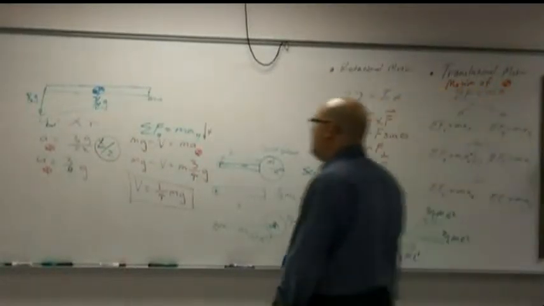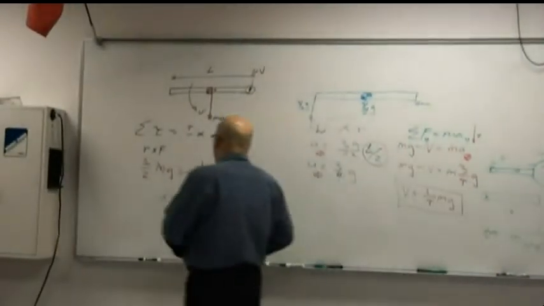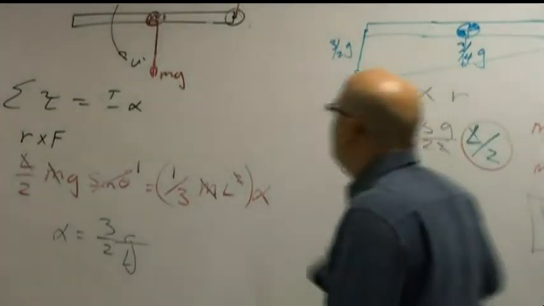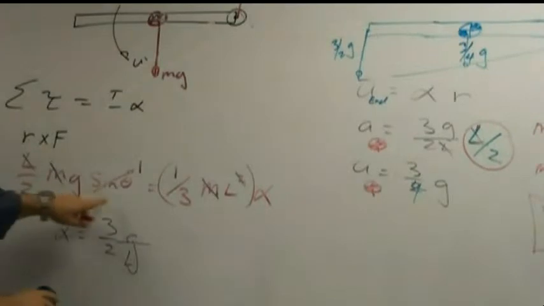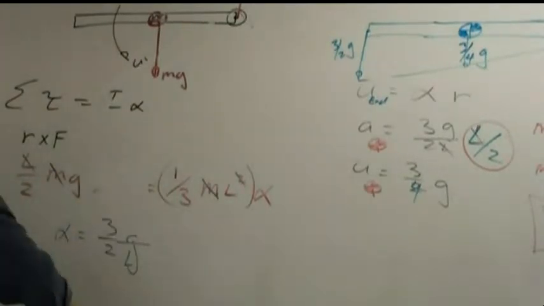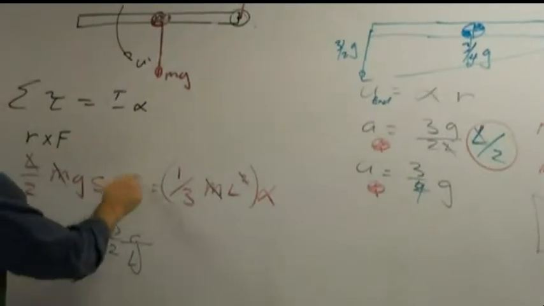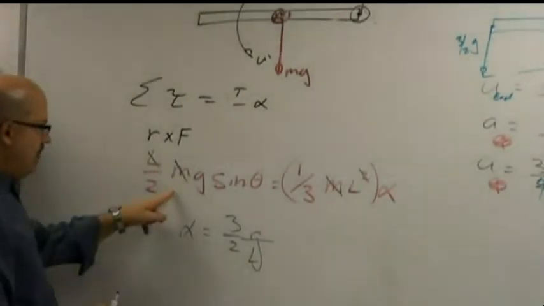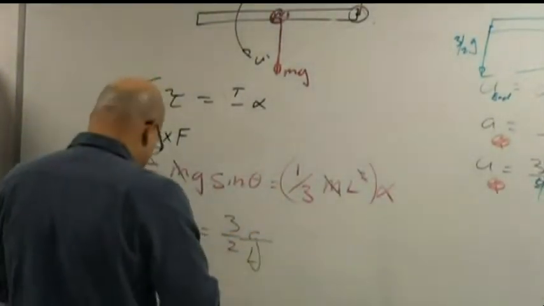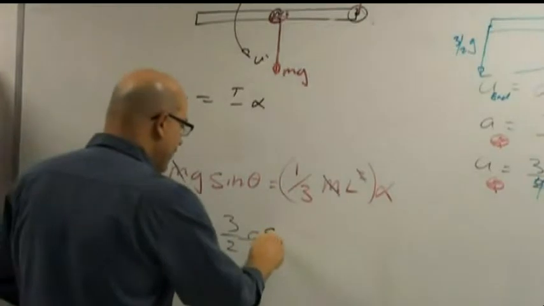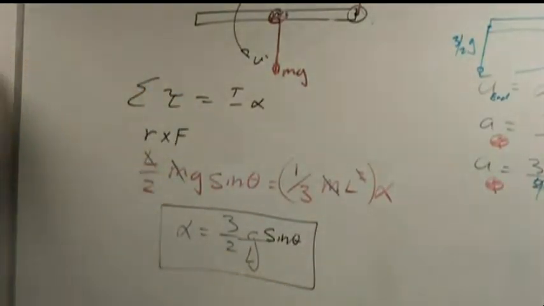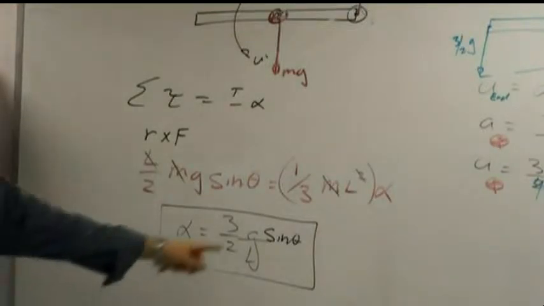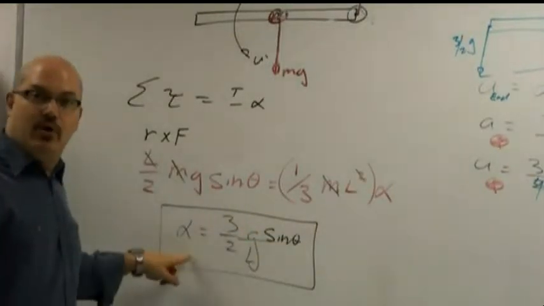All right, so let's add our sine theta back in. What would this answer look like if we left our sine theta in so that we could see what the force looks like as it moves? Then the sine theta stays. And then our answer over here will have a sine theta in it. So our acceleration is then that, correct? And when theta becomes 90, this becomes 0, right?